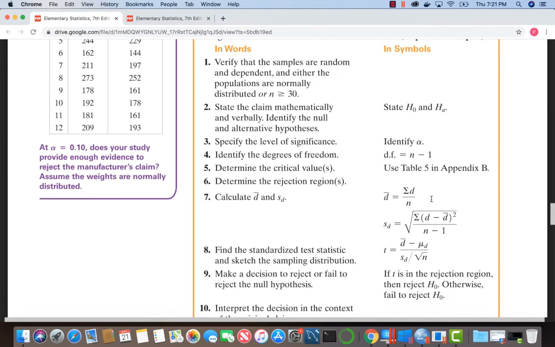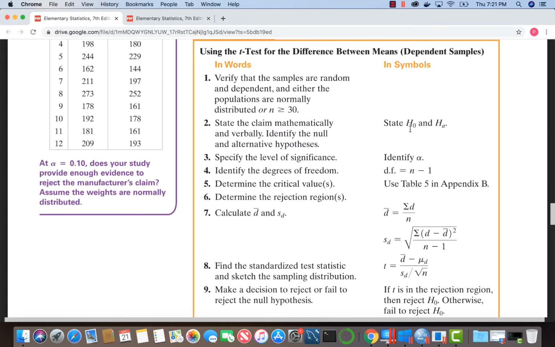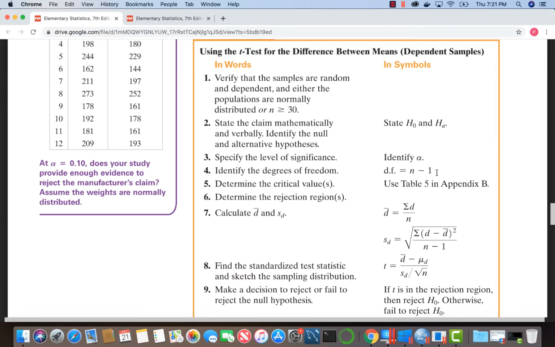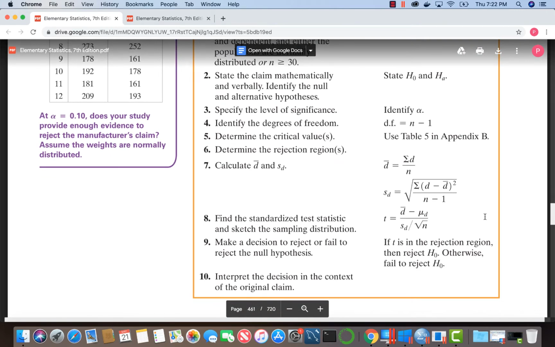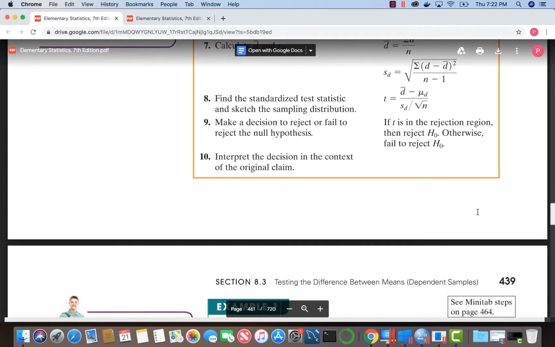And then we proceed as follows. We develop our null and alternative hypotheses as always. Get the level of significance alpha and the degrees of freedom. We can determine the rejection region, then calculate the test statistic using these formulas, and then reach our conclusion.